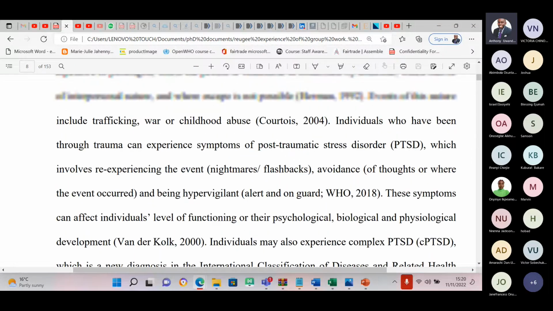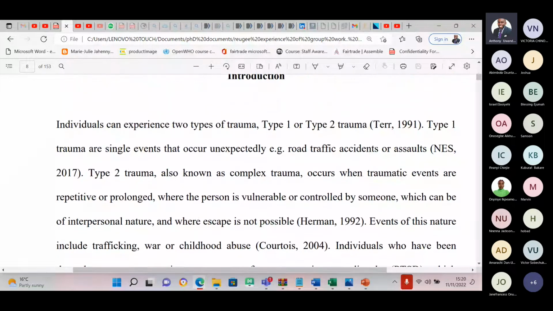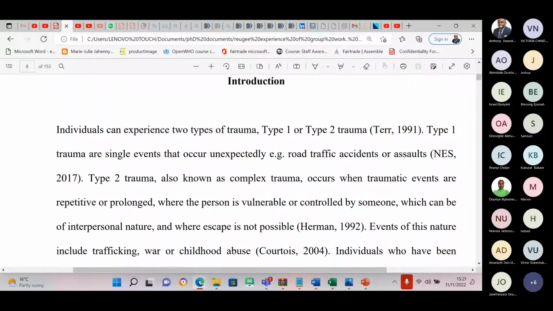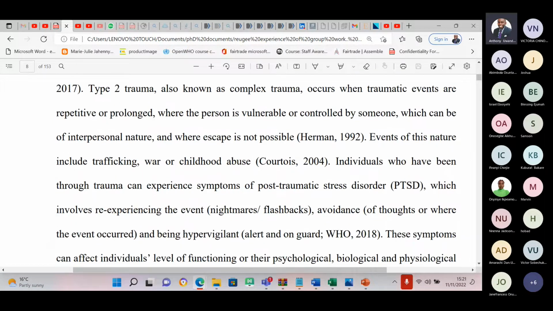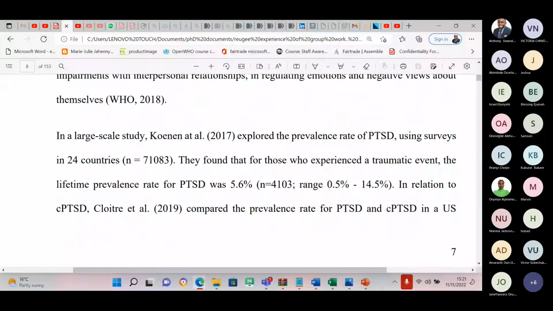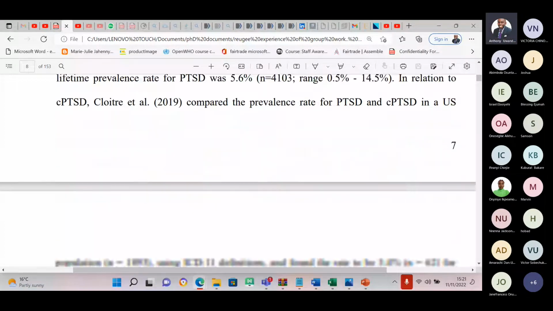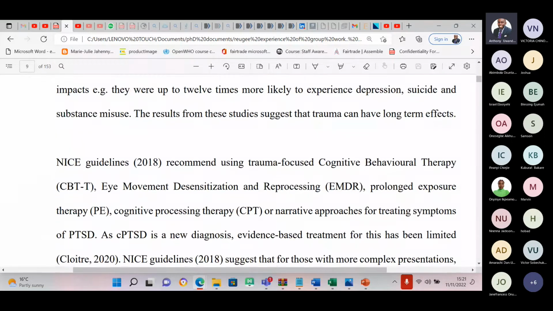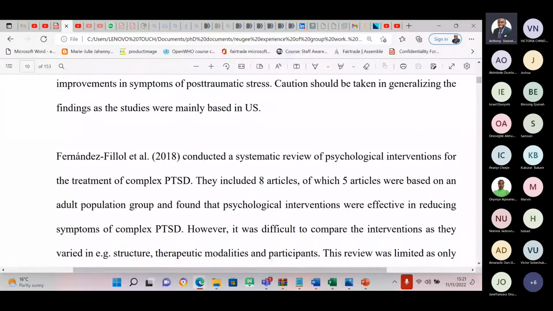If you're writing your proposal, it's the same structure again. In your introduction, you define the terms. I'm not reading this article, I'm just looking at how he's trying to define whatever he's studying. Then do your statistics, everything. If there's any policy, just follow the same guideline.